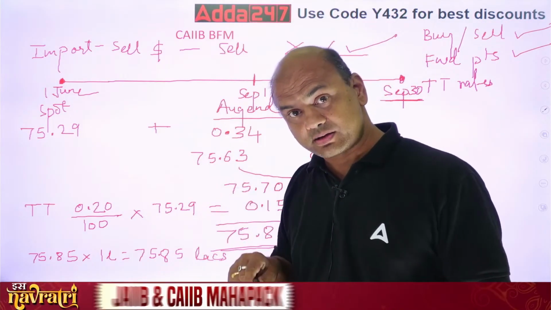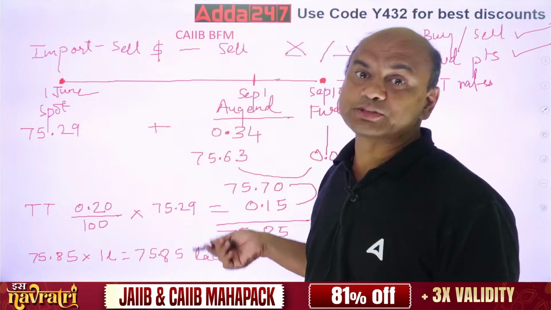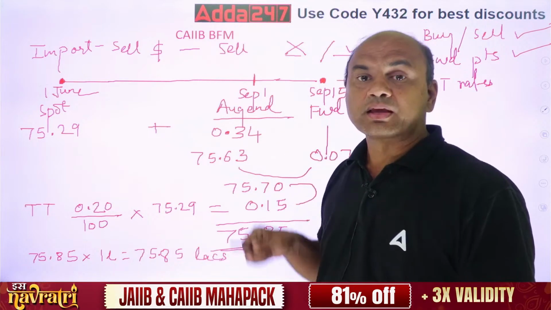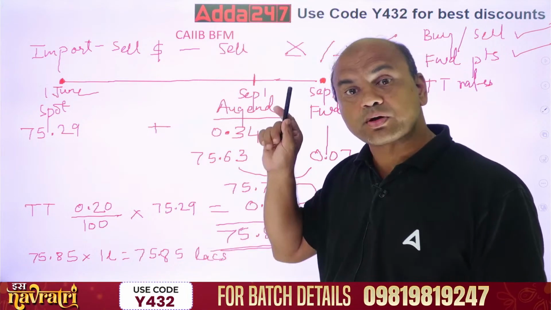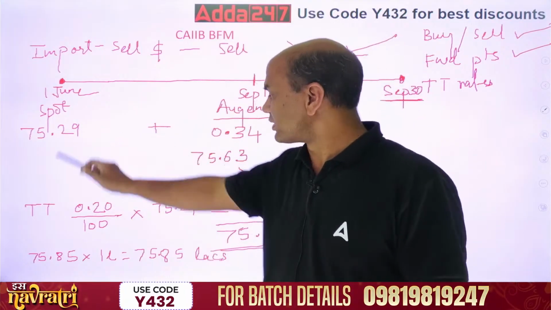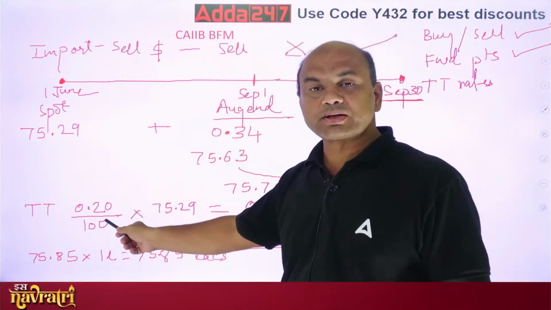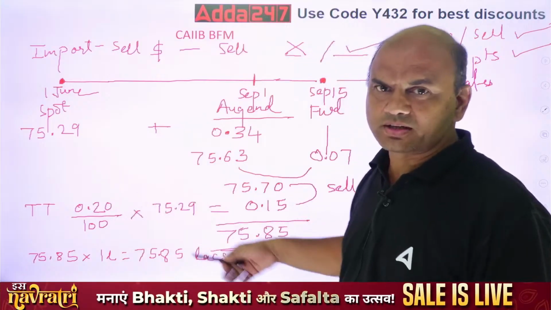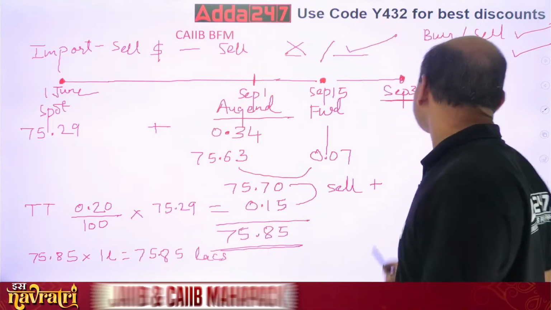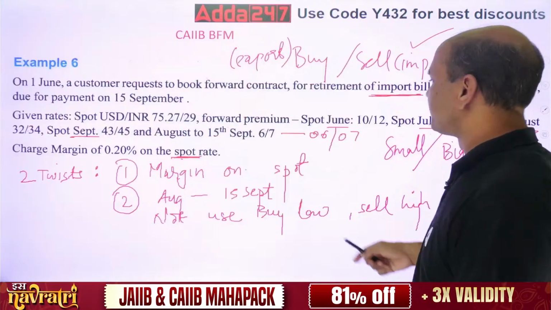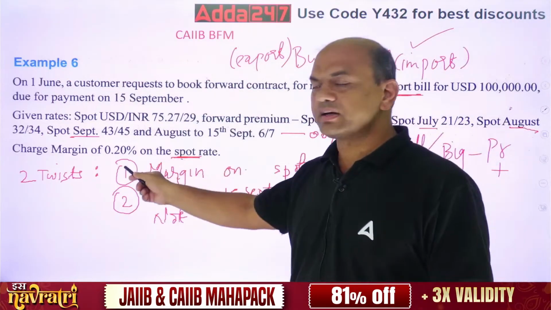But in this problem, it's specifically mentioned: calculate the TT margin on the spot. So this is the spot. So 0.2% into spot. 20% is a huge amount. So 0.2%.